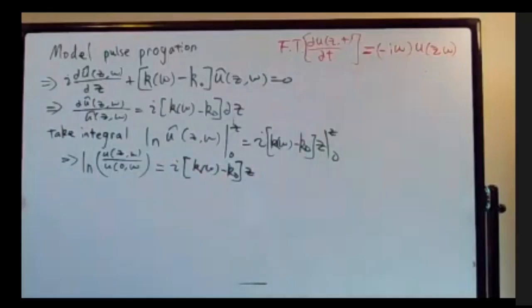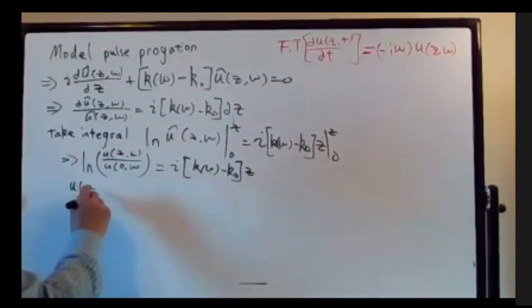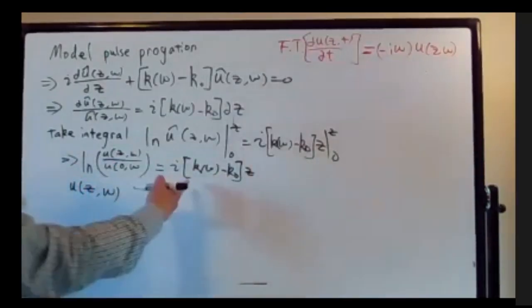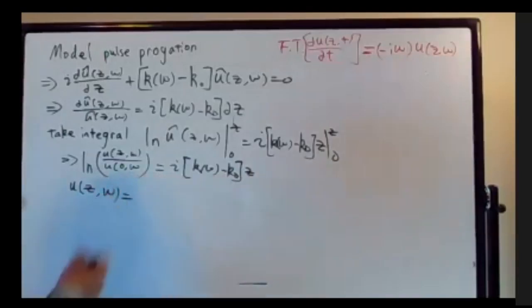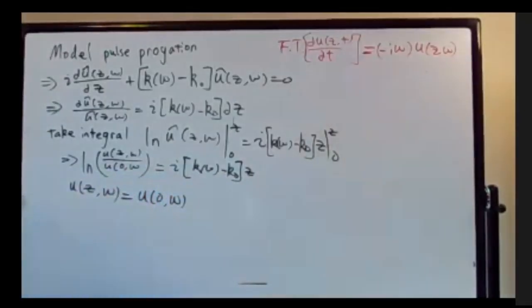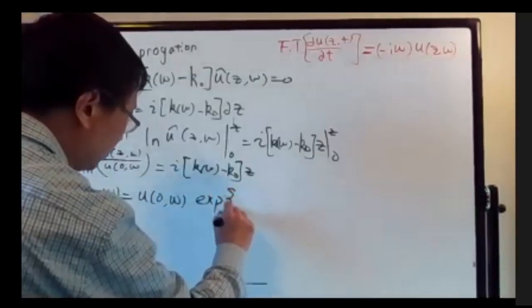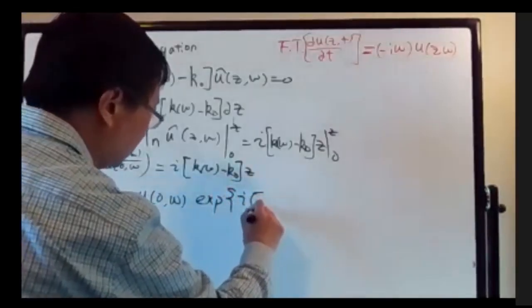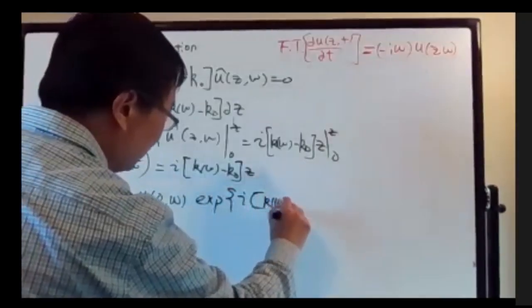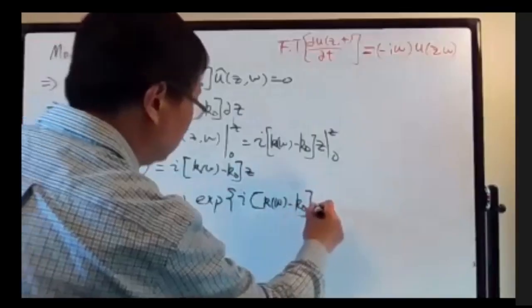And then we can simply solve this equation. So that is the u z omega, and this is the natural log, and we put the exponential there. So it's u 0 omega, shift to the right hand side, take the exponential, I k omega minus k naught and z.